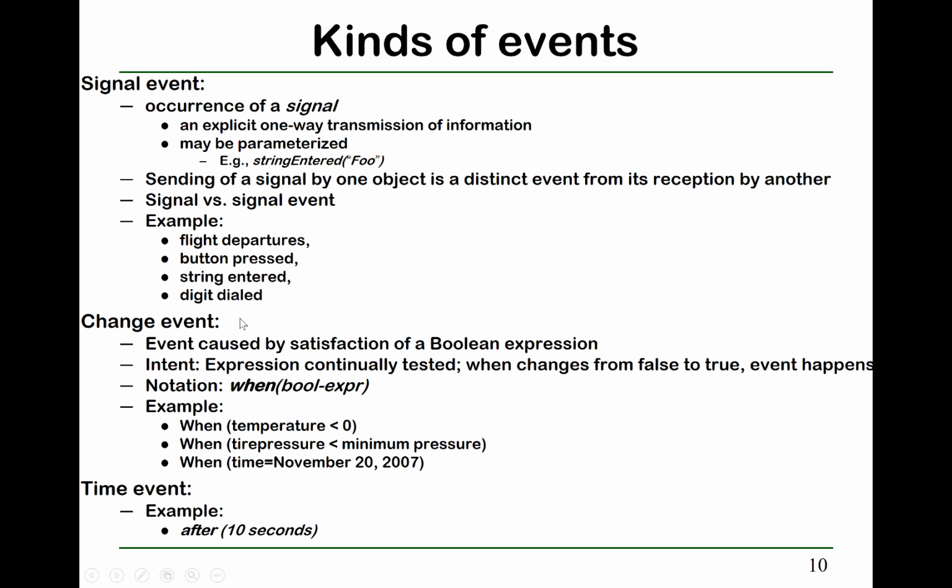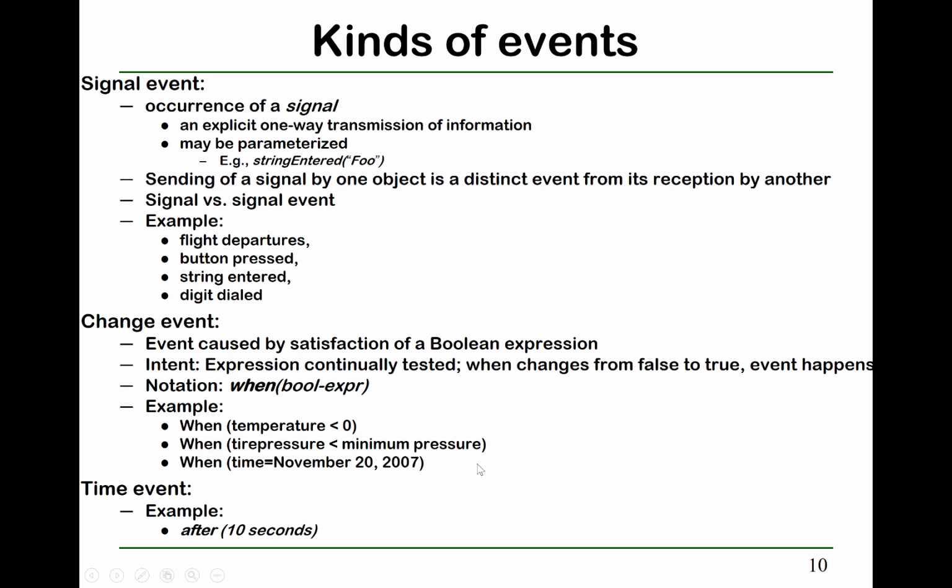Another is the change event. A change event means the satisfaction of a Boolean expression. That basically means that when some Boolean expression is true, then this event happens. For example, when the temperature is below 0, when the tire pressure is less than some minimum pressure, or the time equals November 2027, for example.